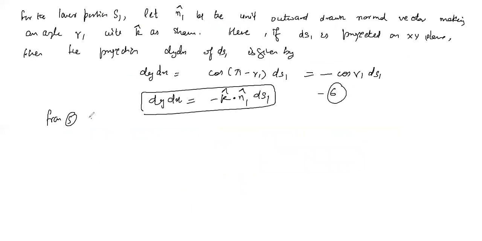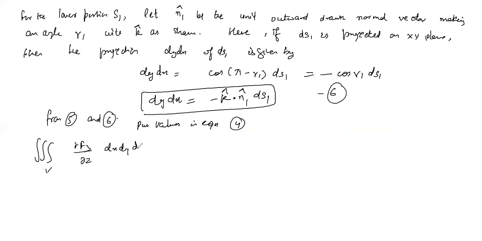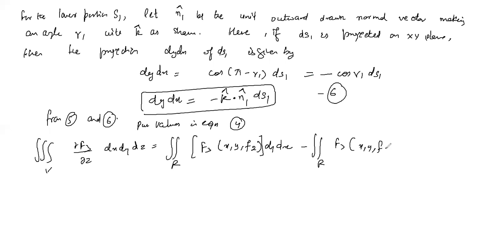Now from 5 and 6, put values in equation number 4. Then we have triple integral curl f3 upon curl z dx dy dz is equal to the surface integral f3 of xy f2 into dy dx minus the surface integral f3 xy f1 of dy dx.